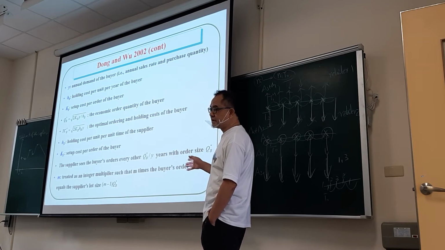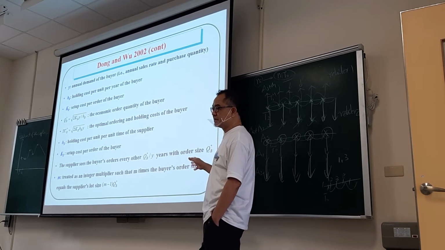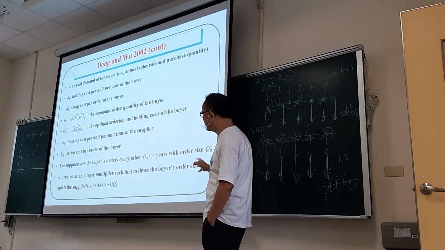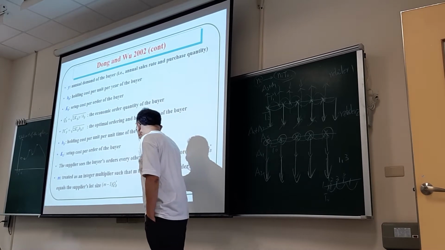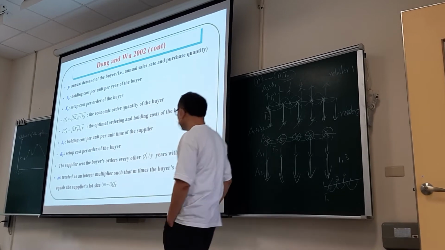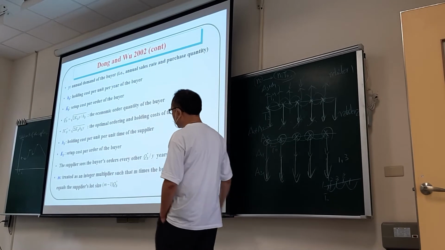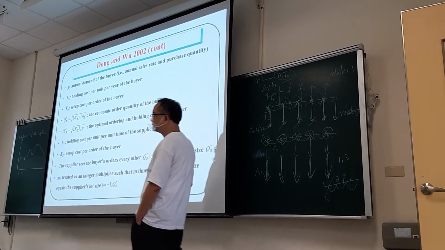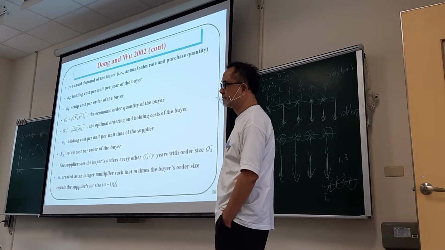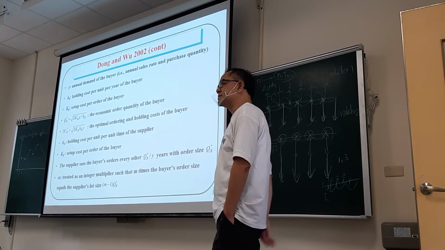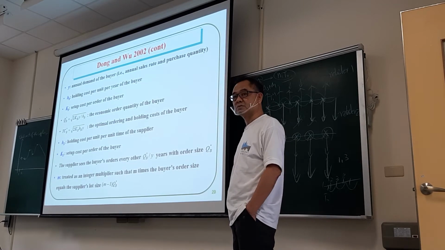Then M, just like Goyal's paper, is treated as an integer multiplier, such that the supplier's lot size is M times the buyer's order size. You see, it's the same as Goyal's paper.